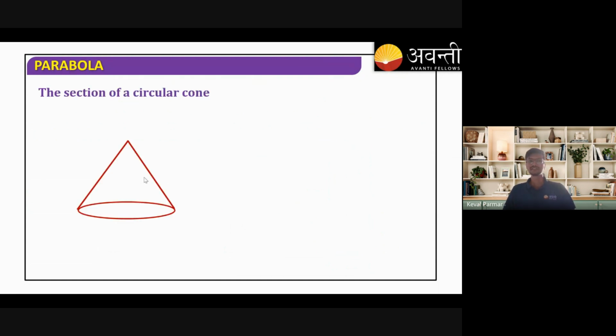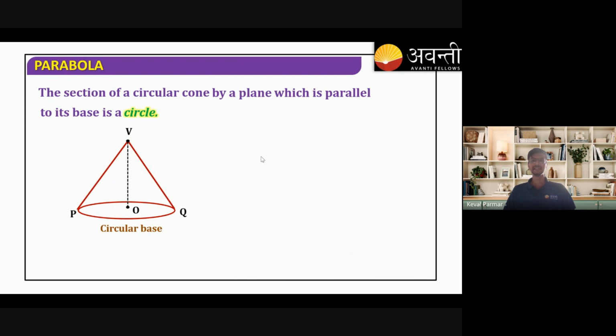The section of a circular cone, again, this is a cone. Now, if the plane is cut exactly horizontally, as you can see, then we get a circle. How do we get a circle, guys? See, if we cut the cone, the top half of the cone will separate out, right? Only the cross section will be left. I hope you know the meaning of cross section.